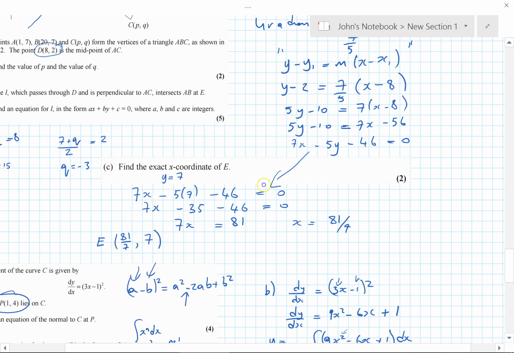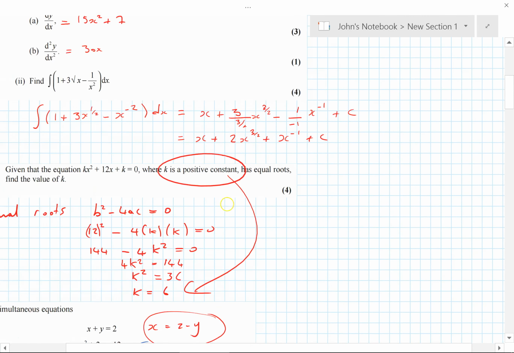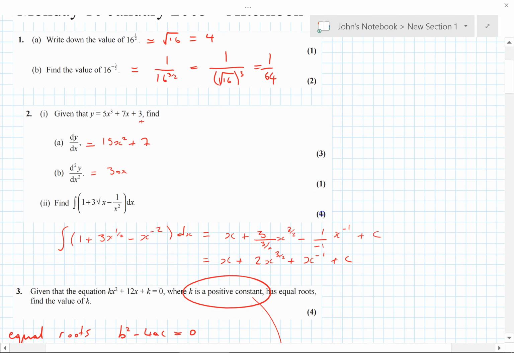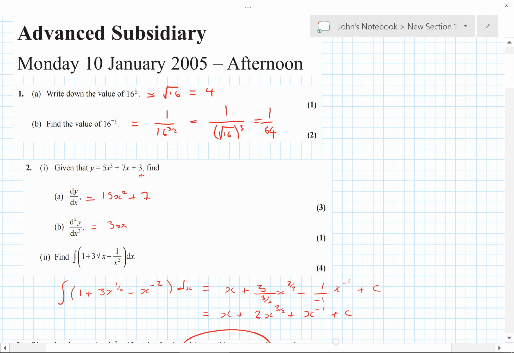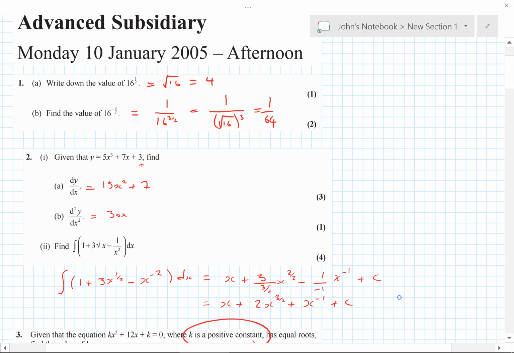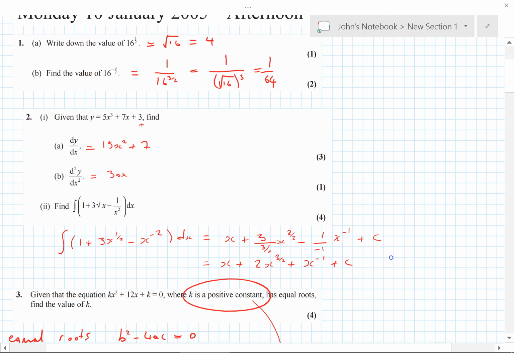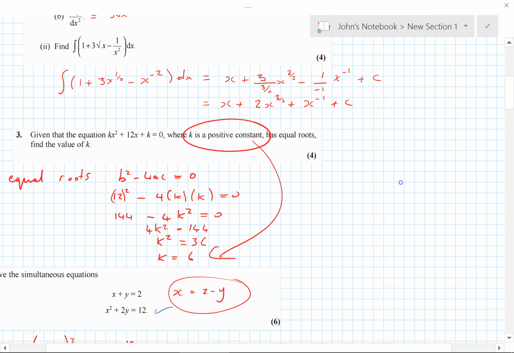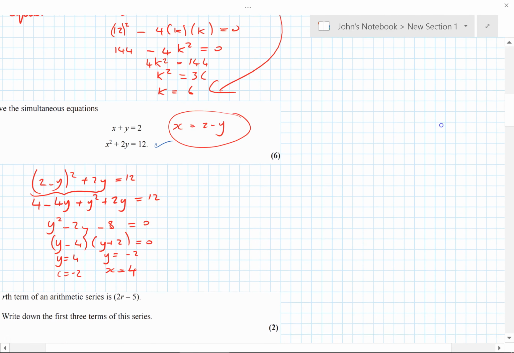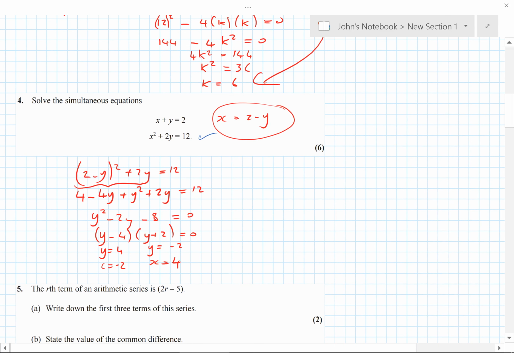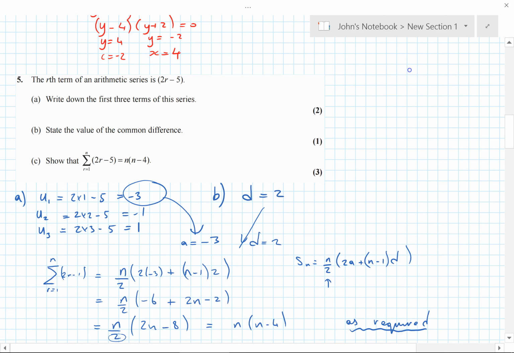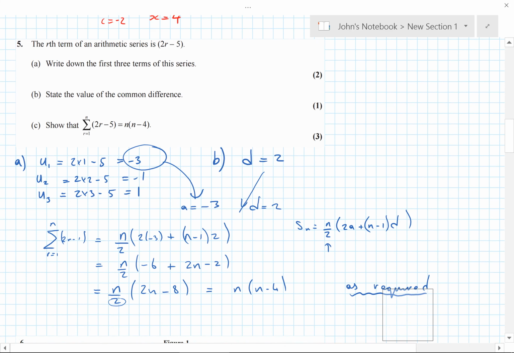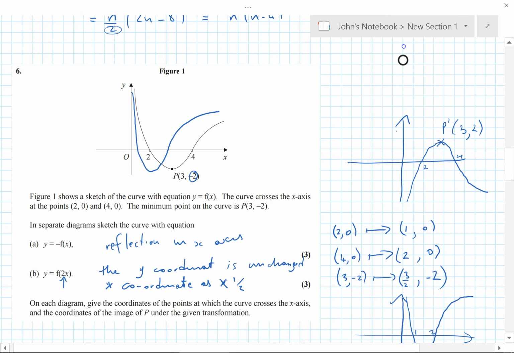We've done it in 37 minutes, which is less than half the time given. We started off with very quick stuff. We're using surds, then a bit of simple differentiation, some integration, use of the discriminant, substitution for a quadratic, simultaneous equations with a quadratic, then quite a reasonable arithmetic series question using the arithmetic series formula.